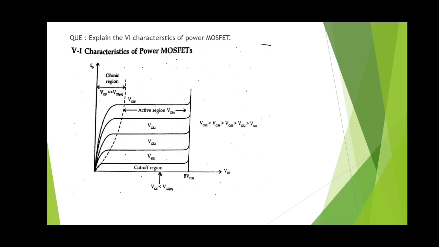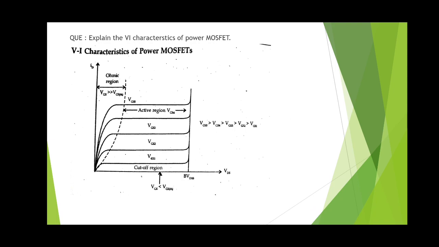Before we explain the VI characteristics of power MOSFET, some points we will discuss. When the voltage between gate and source exceeds 0, that is the gate is made positive with respect to source, an accumulation layer is formed in the channel, that is, an accumulation layer of electrons is generated in the body region near the oxide layer.